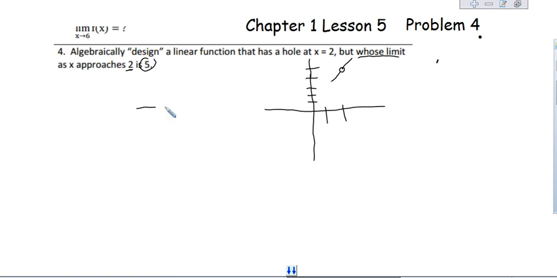So we know that we're removing something at x minus 2 and at x minus 2, and those are going to cancel. But what else do we need?